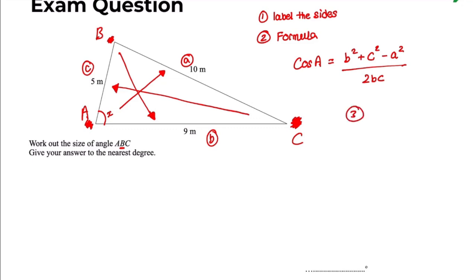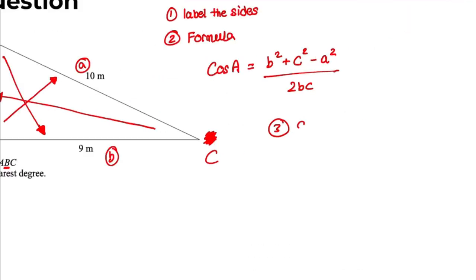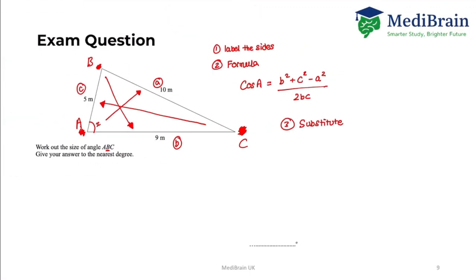Now the third step is we are going to substitute into the formula. So cos capital A, which we don't know, is X, so we're going to leave that as X, and that's equal to b squared. Where's b? b is over here, which is 9 squared, plus c squared.